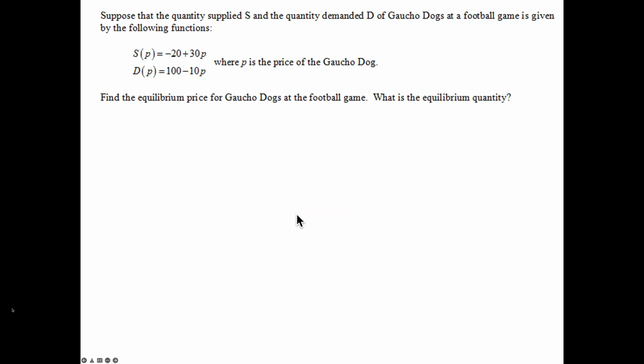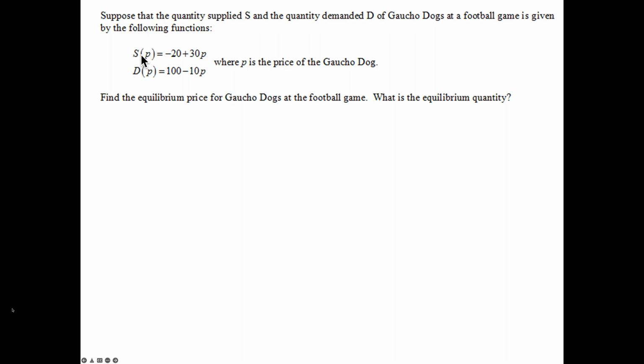All right, so looking at an example. Suppose that quantity supplied, S, and quantity demanded, we'll call that capital D, of gaucho dogs at a football game is given by the following functions.